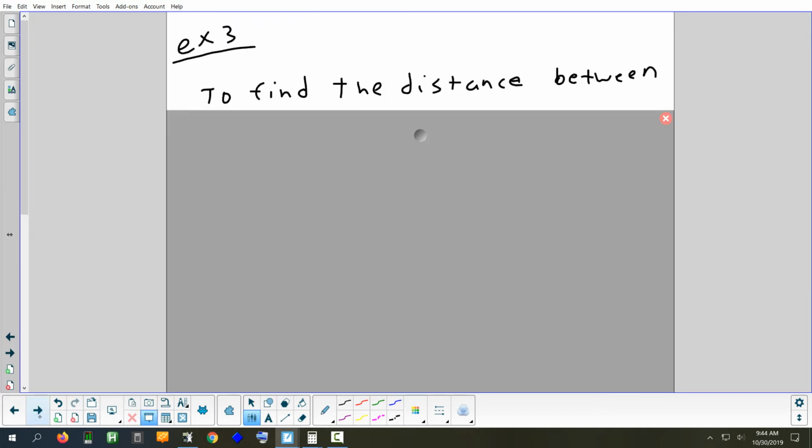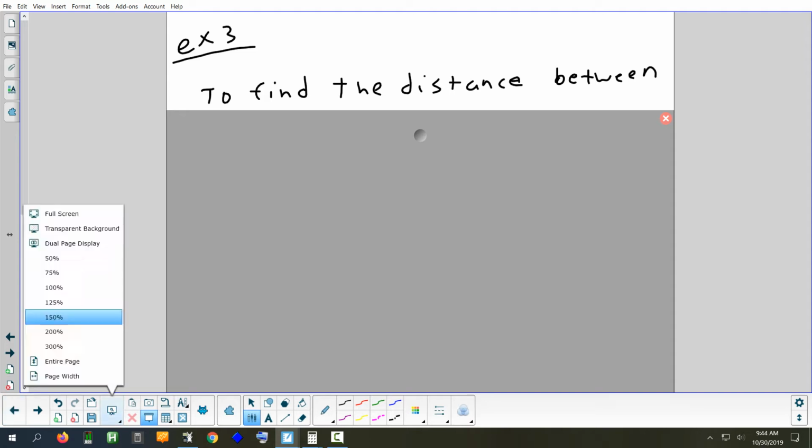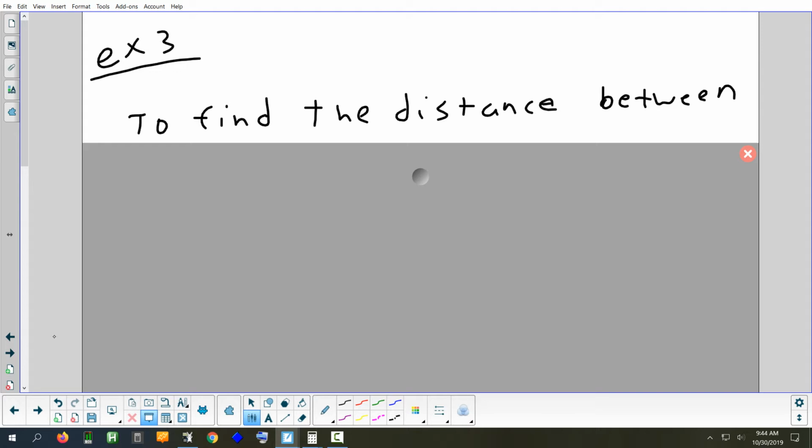All right, so last problem we'll look at is a word problem. So this problem is going to involve finding the distance between 2 houses. So this could be the kind of situation where, let's just say, it doesn't even have to be houses.